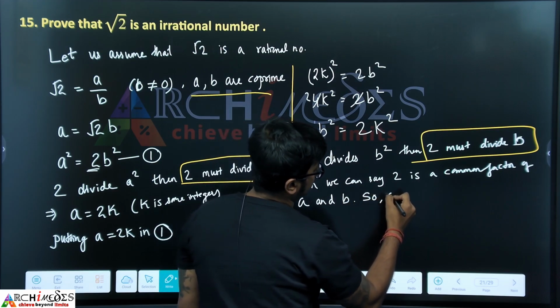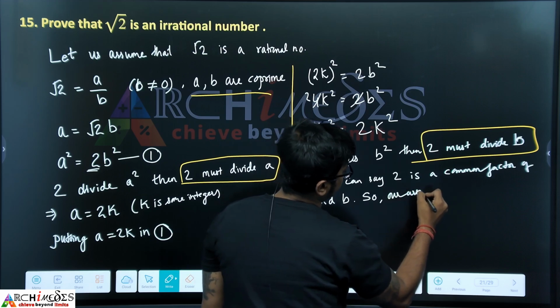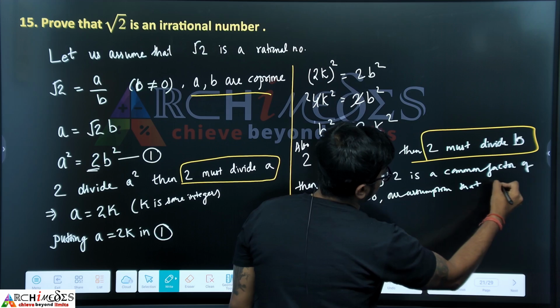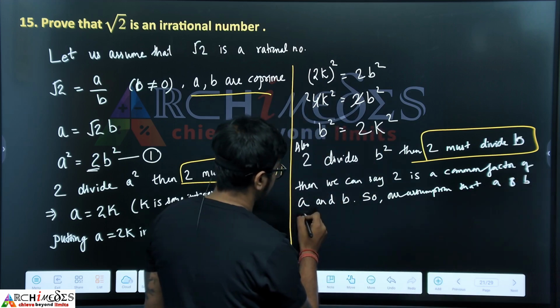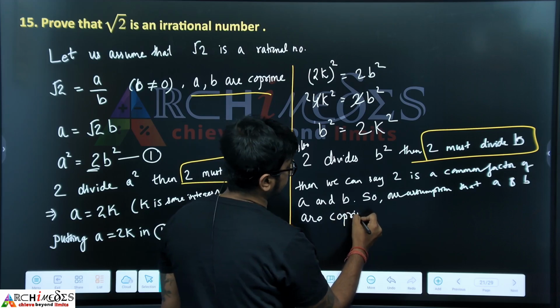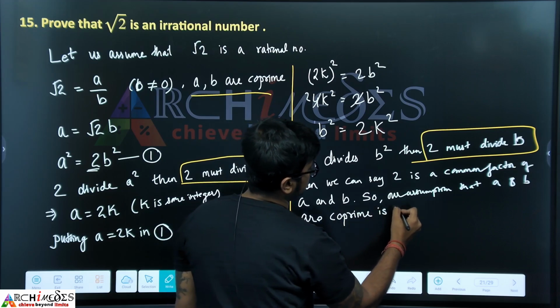So our assumption that a and b are co-prime is wrong.